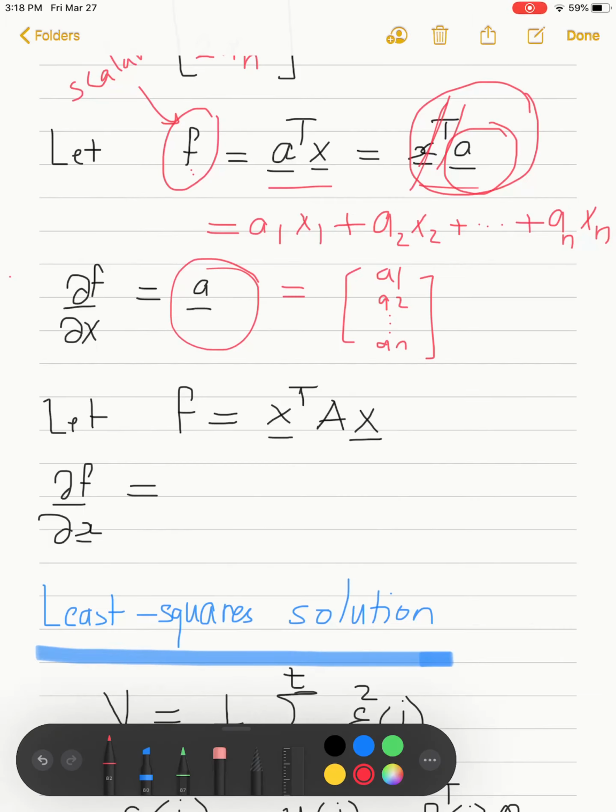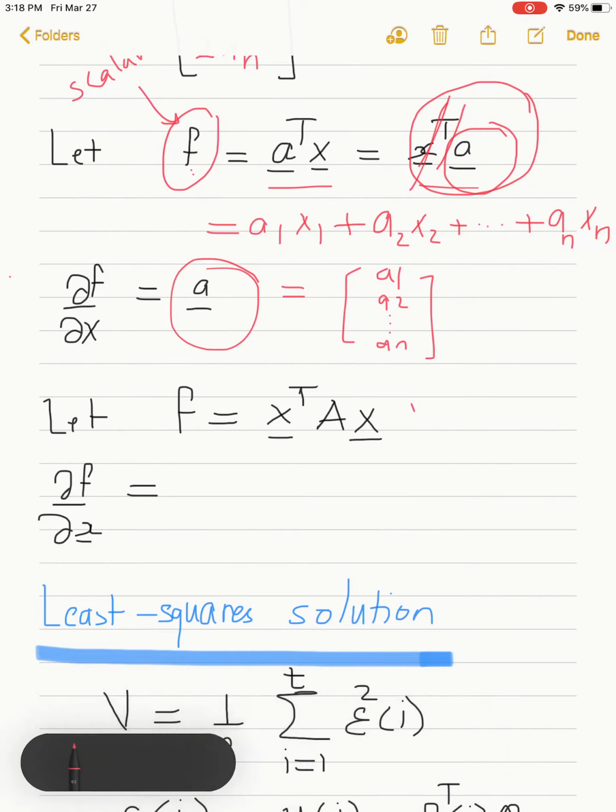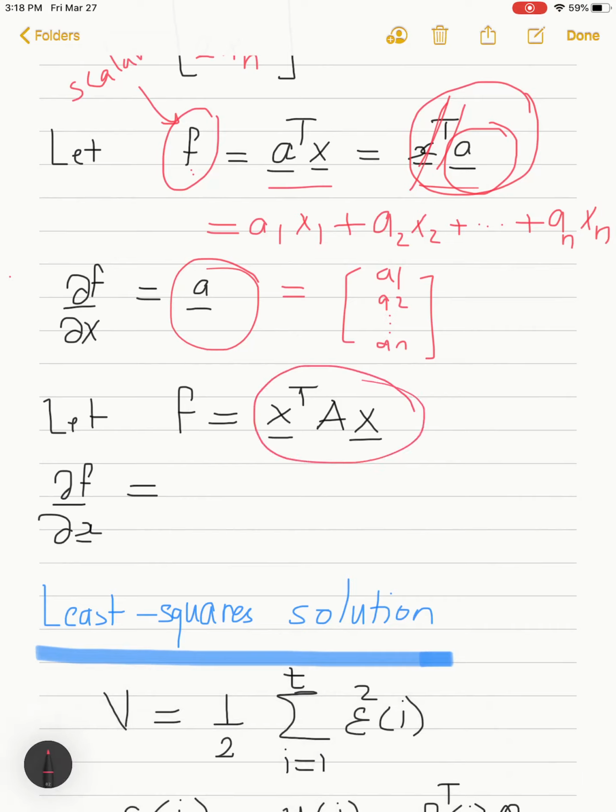If I'd like to differentiate this quadratic function f(x), which is equal to x transpose A x, with respect to x, then I will differentiate first with respect to the first vector. That would give me A times x. Plus I'll differentiate with respect to the second vector x, but then I have to take the transpose of the quantity, so that would give me x transpose A transpose x.